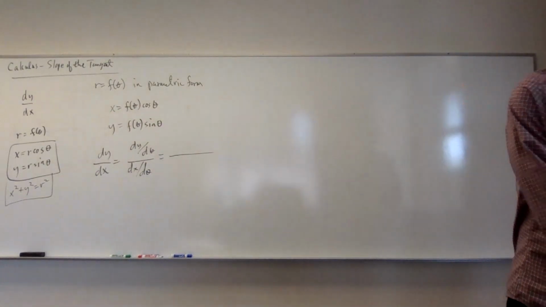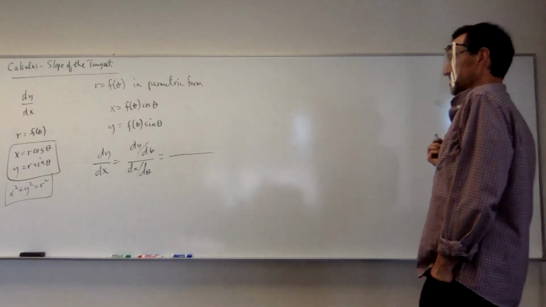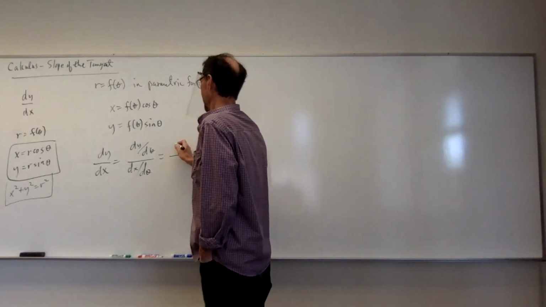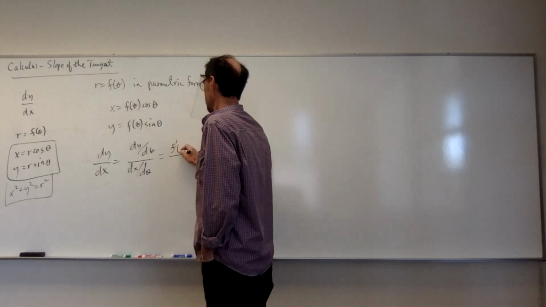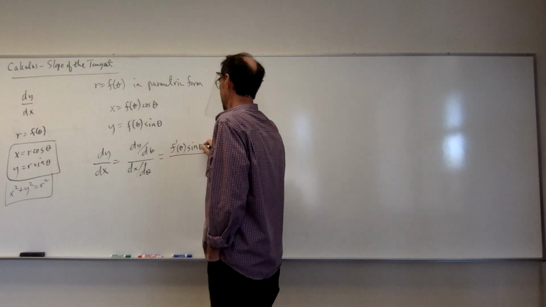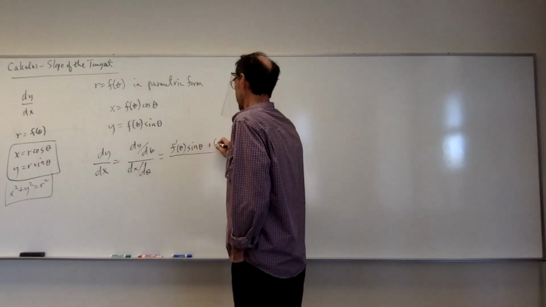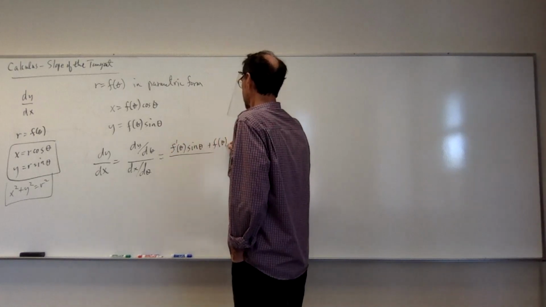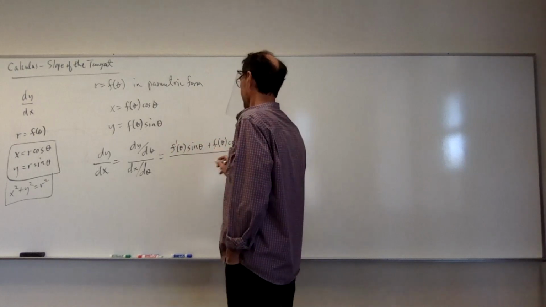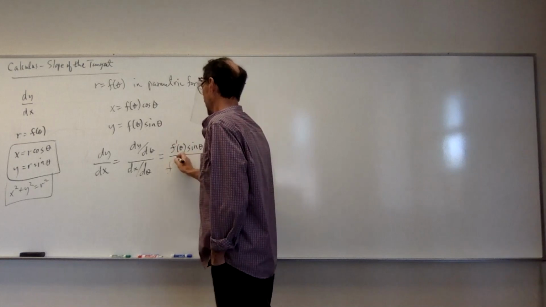Both x and y are products, functions of theta. So we're going to use the product rule for y. Take the derivative of the first function times the second, plus the first function times the derivative of the second, cosine theta. And I'll do the same thing down below.